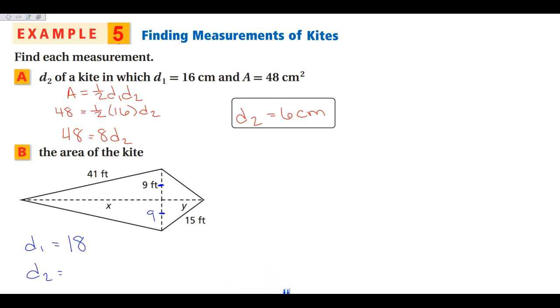Now, I'm not going to give you a problem you can't solve, right? What do we remember about the diagonals of a kite? This is where some more of this important information comes in. We need to remember that they are also perpendicular. So what do I create? When I look at them, I create this triangle here, which is a right triangle.